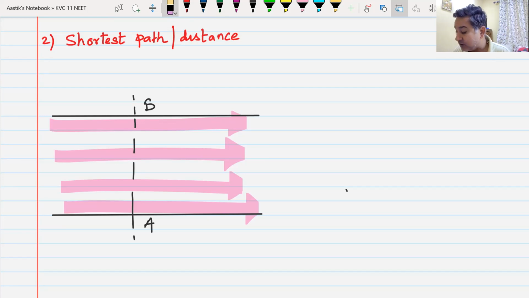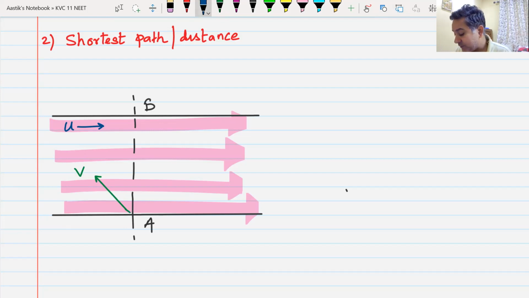Now, how can he move along the line AB? We must understand that the river is flowing like this. If he tries to move perpendicular, he does not reach point B. He reaches some point ahead. So the only possible solution is he has to move like this, at some angle.